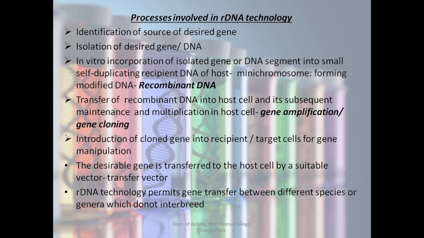After incorporating it with the chromosomal DNA, it is transferred to the host cell and allowed to amplify. So this step is gene amplification or gene cloning. Here, the recombinant DNA is maintained within the host cell and allowed to multiply in the host cell.